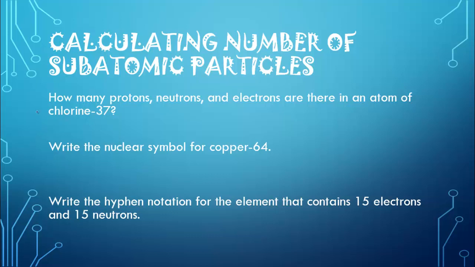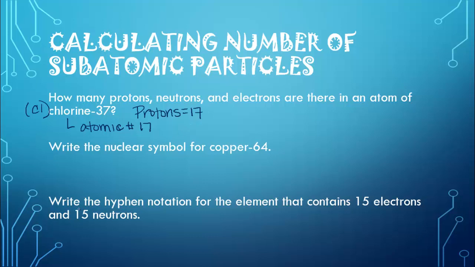Chlorine symbol, for all of you looking, is Cl. So chlorine has an atomic number of 17. So that means its protons equal 17.